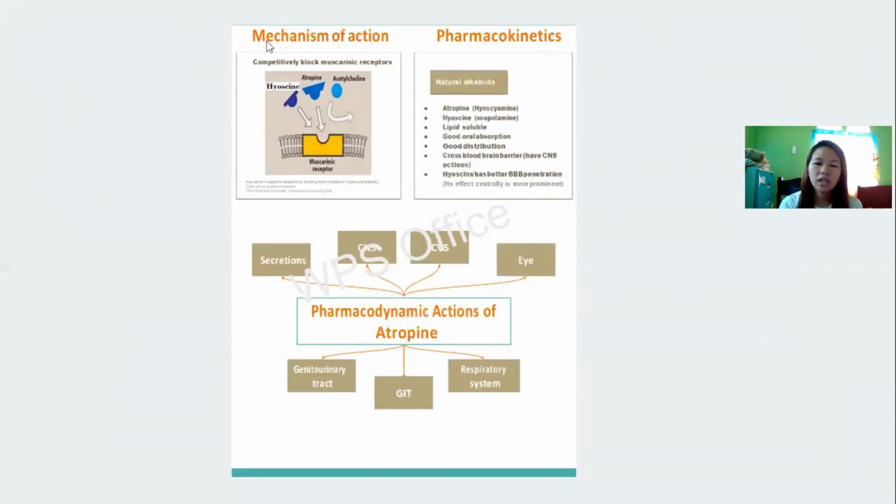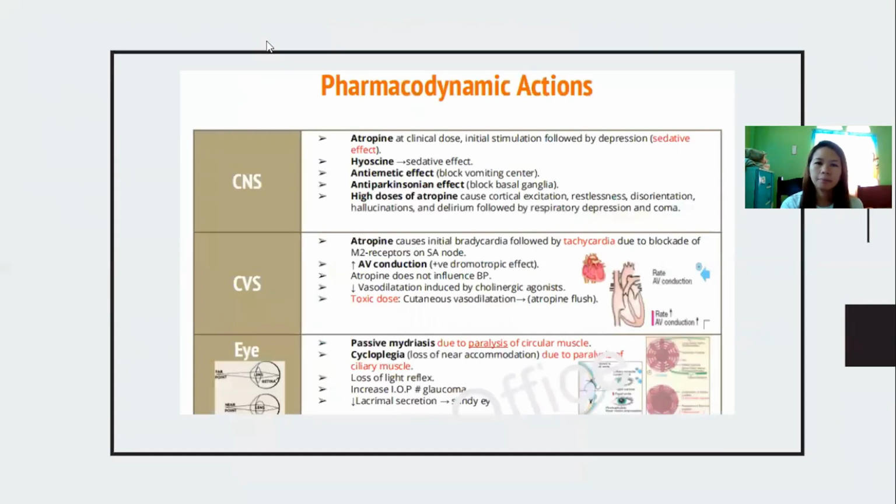Pharmacodynamic action of atropine: secretions, CNS, CVS, eye, genitourinary tract, GIT, and respiratory system. So the pharmacodynamic actions in the CNS: atropine at clinical dose, initial stimulation followed by depression or sedative effect.